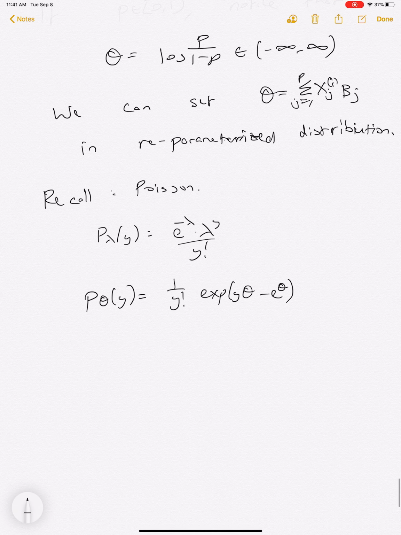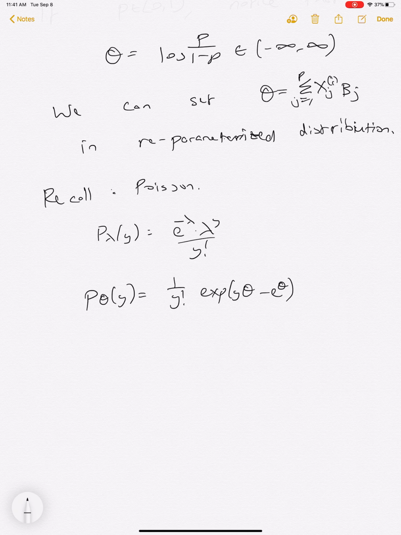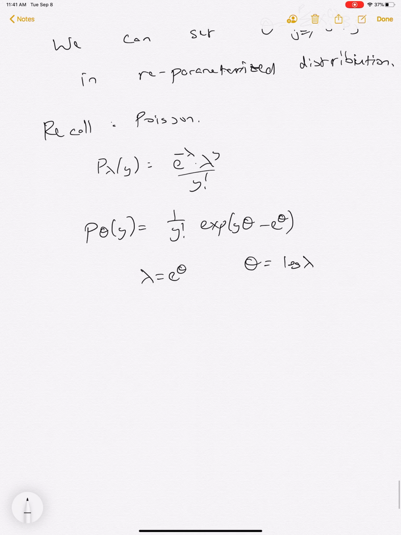And then you have this relationship that lambda equals e to the theta, or theta equals log of lambda. Note that lambda is greater than 0, but theta, which is log lambda, is in negative infinity to infinity.